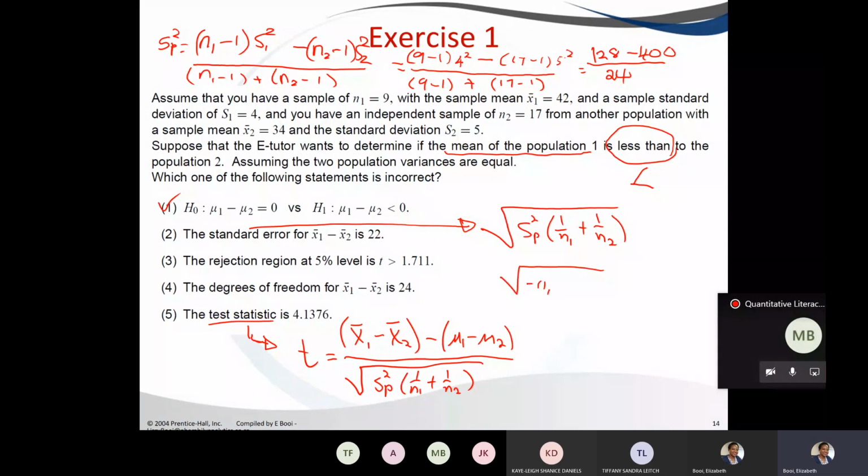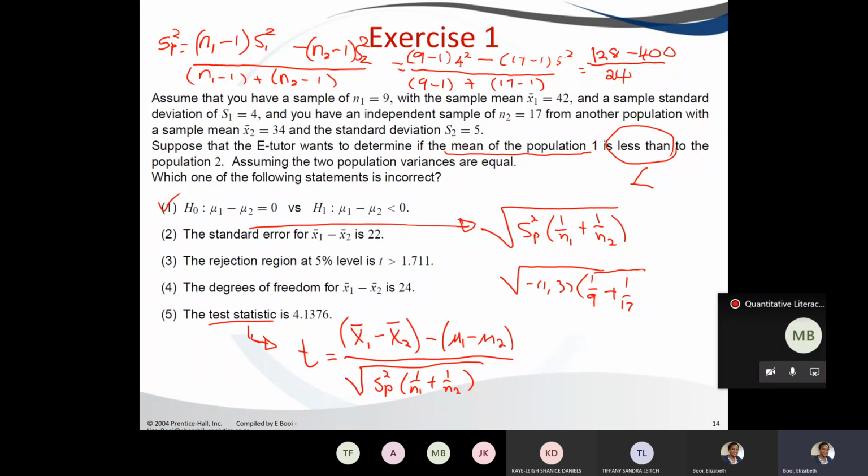Minus 333 times 1 over 9 plus 1 over 17. Anybody who calculated it? I don't have my square root calculator next to me. My daughter took it. I forgot to get it back. Have you calculated that?